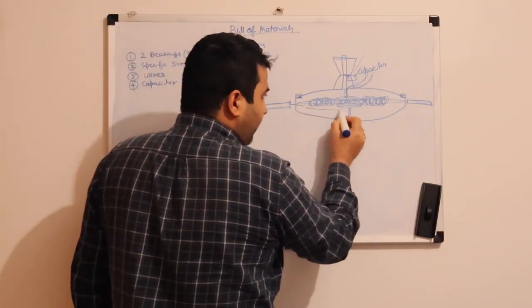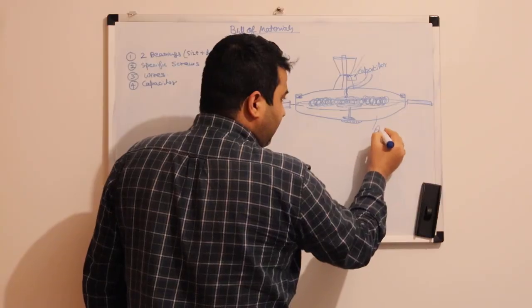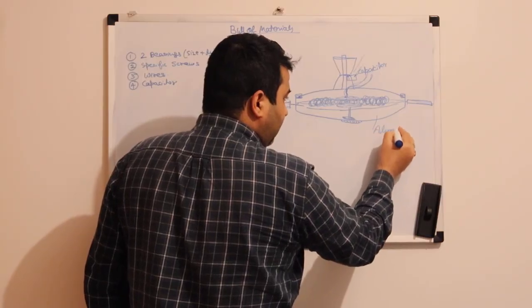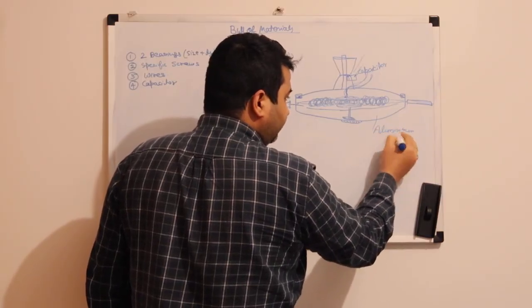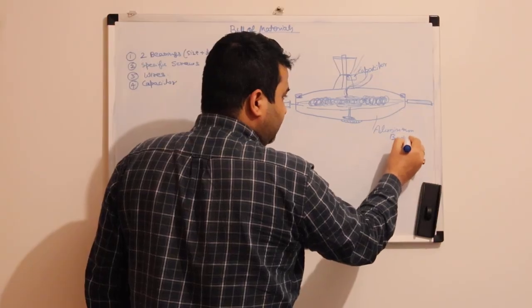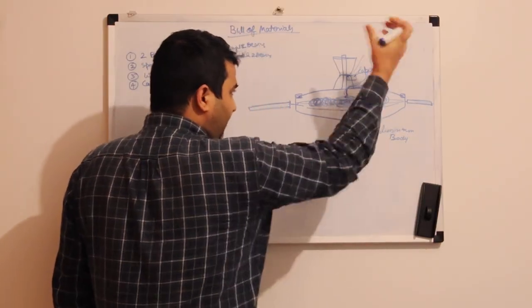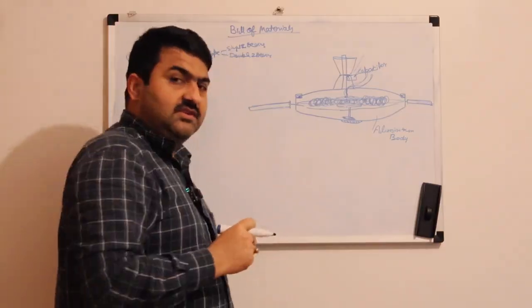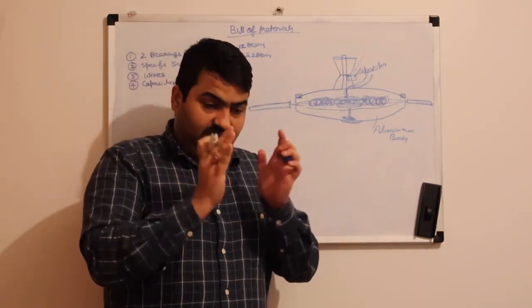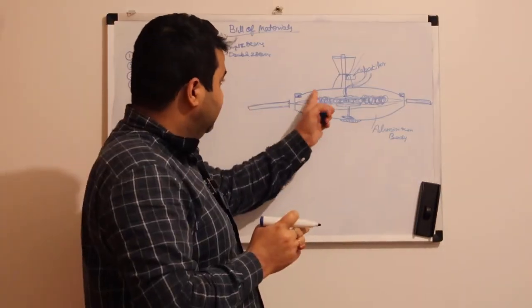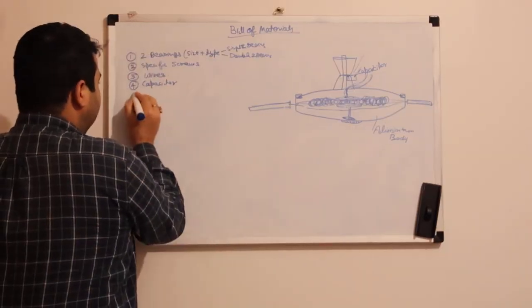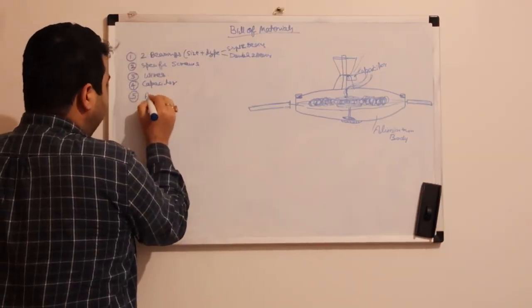This is the body. This is the aluminium body. Suppose we take this already manufactured body from some vendor. So this manufactured body we need, for an example, aluminium.